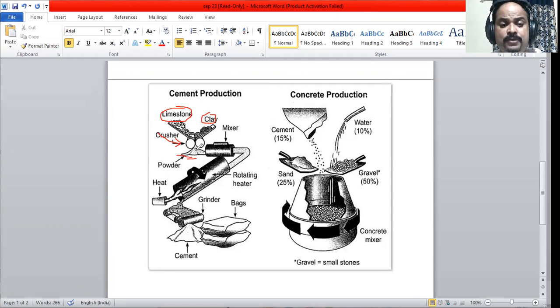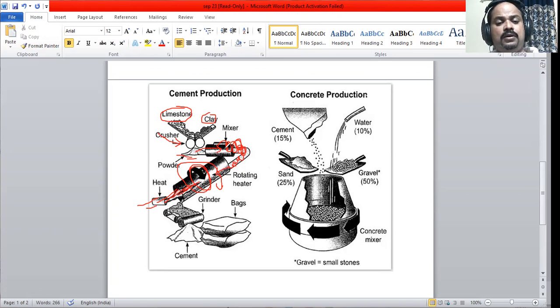This powder is taken to the mixer where it is mixed thoroughly and passes down towards the rotating heater. There is a furnace here, and you can see that the flames are going into the rotating heater, and the rotating heater turns in a clockwise direction.